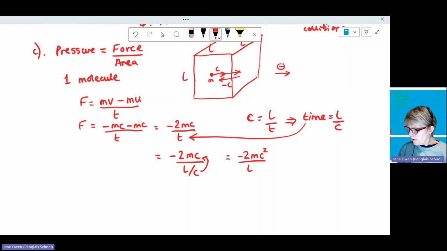Now, because eventually we'll be looking at all of the particles, we look at the mean square speed, not rooting it, just the mean square speed. We look at it like that because all of the particles have a completely random distribution of energy, so they could have different speeds. Their energy is proportional to the speed they're traveling at, and so that's why we have to take a mean speed.